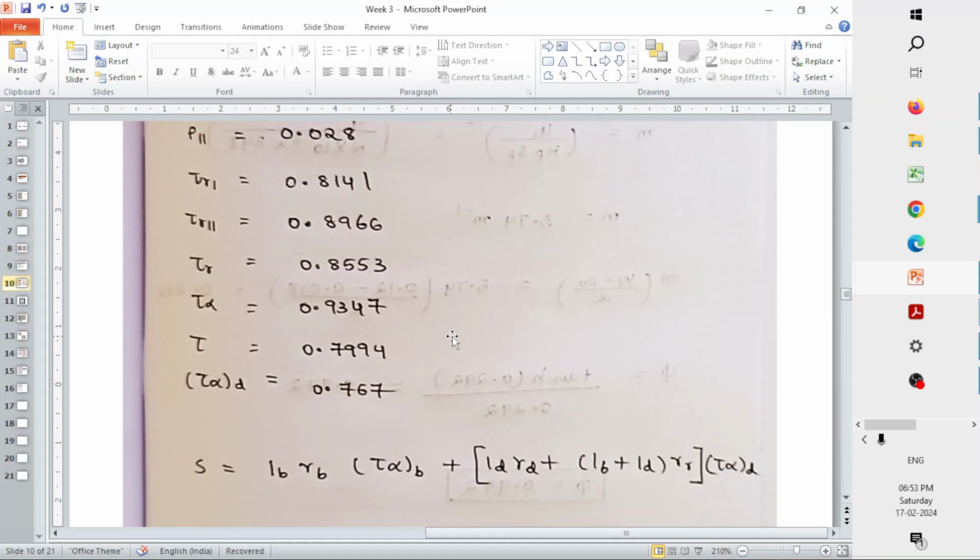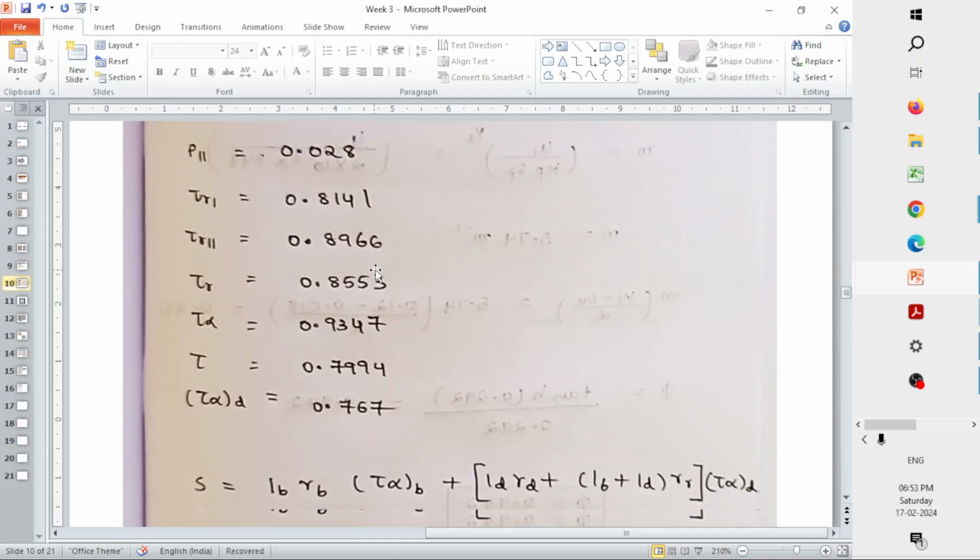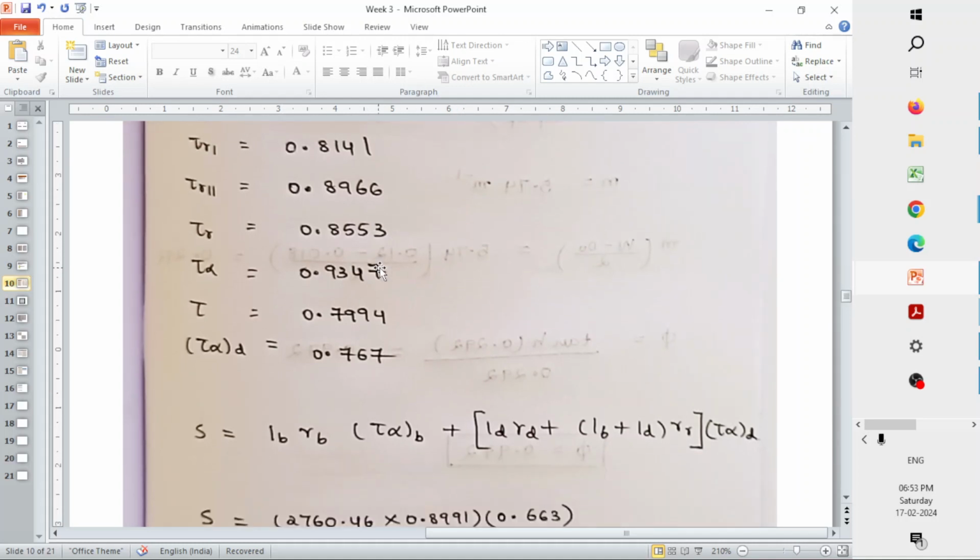Once you know theta r, that is the base, you can calculate rho 1, rho 2, tau r1, tau r2, tau r, tau alpha, tau, and then tau d. I will leave this, because it will take a lot of time if we start solving each of them. Let us come to the conceptual part.